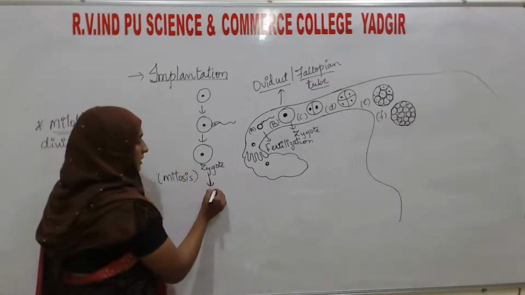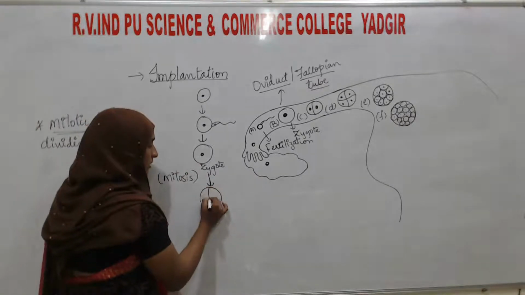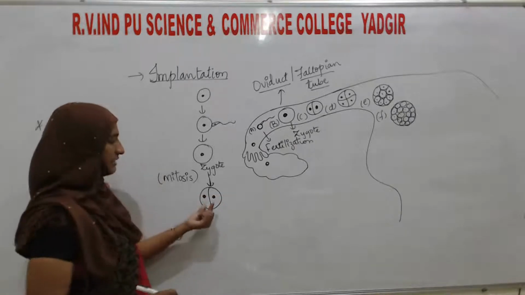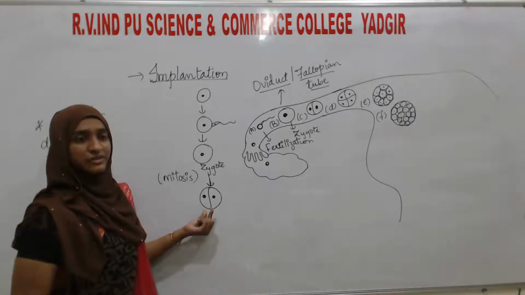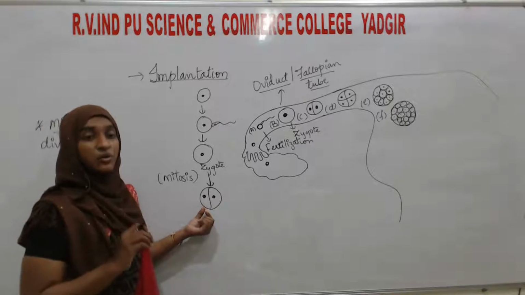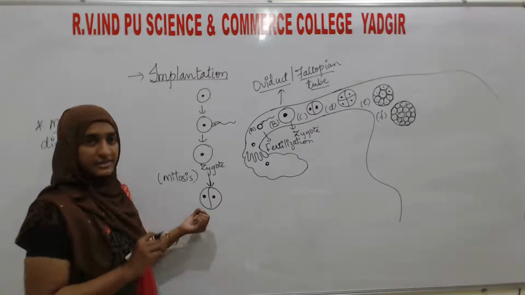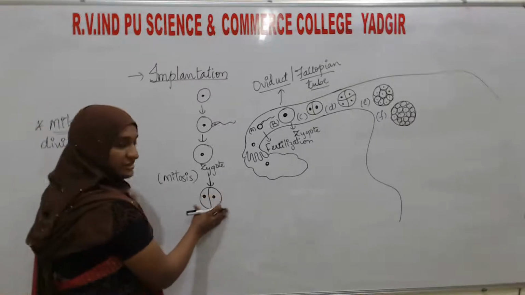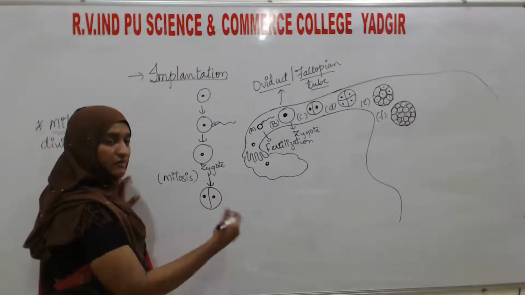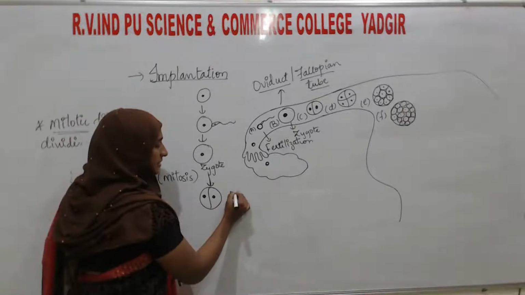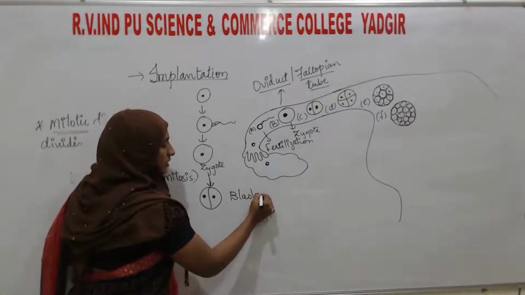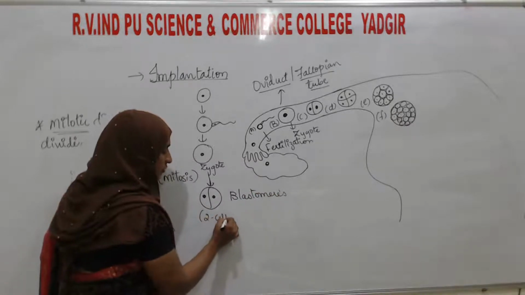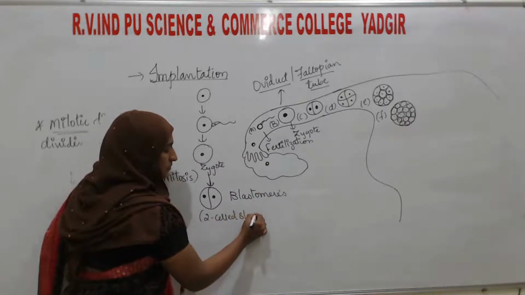Okay. After that, this cell will divide into 2 cells, and the resulting 2 cells will be of equal size. These cells are known as the blastomeres. The cells produced after division are known as blastomeres, and this stage we can call the 2-celled stage.